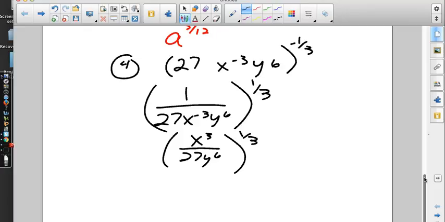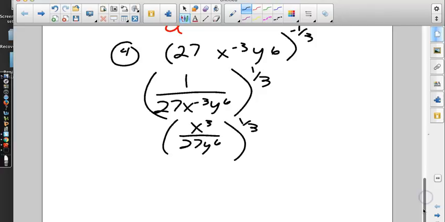It is cube rooted. All of it is cube rooted because this 1/3 power is for cube root. Test taking strategy: didn't we do a cube rooted one earlier? Number 1. So if you get to this one and you go cube root, you look at number 1. So cube root of x to the 3rd over cube root of 27y to the 6th.